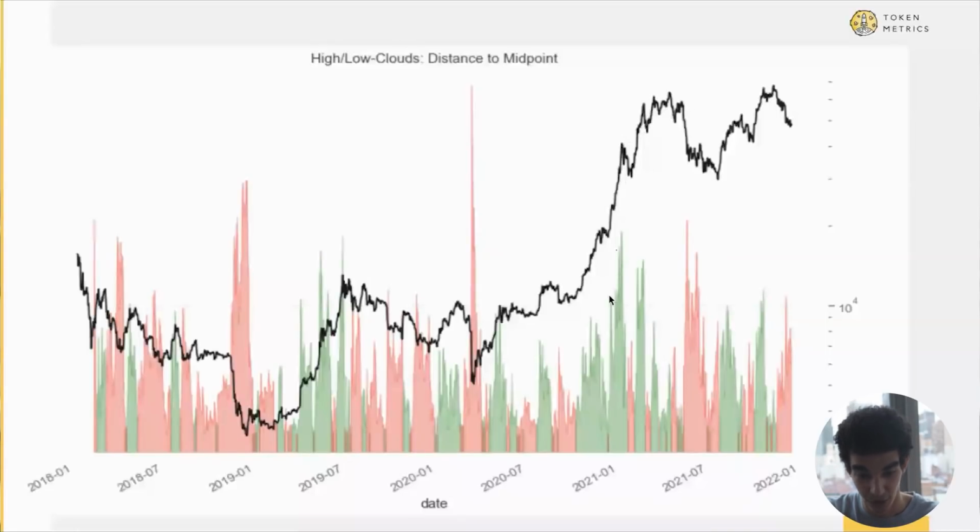But here we can start seeing, okay, I'm still bullish, still green, but the highs are getting lower and lower and lower until I turn bearish. So here I was very bullish. I was still bullish, but the highs were getting much lower, although price was making higher highs. So there's a divergence between these two features.